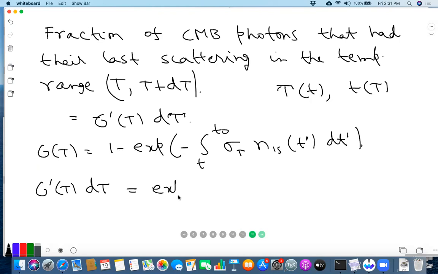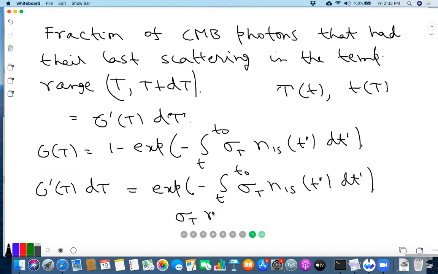So you get, first of all, exponential of minus integral t to t naught sigma T n1s of t prime dt prime, and then we get sigma T n1s of t, and this dt.